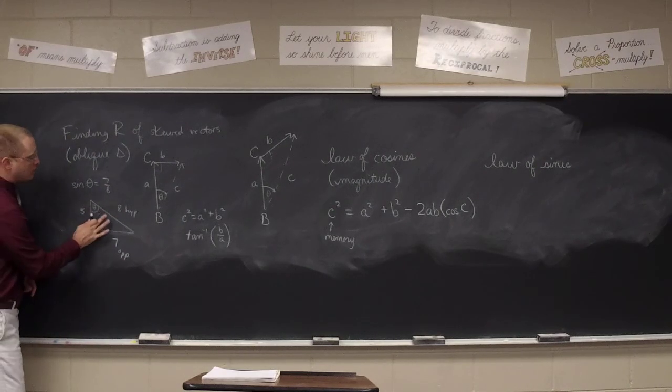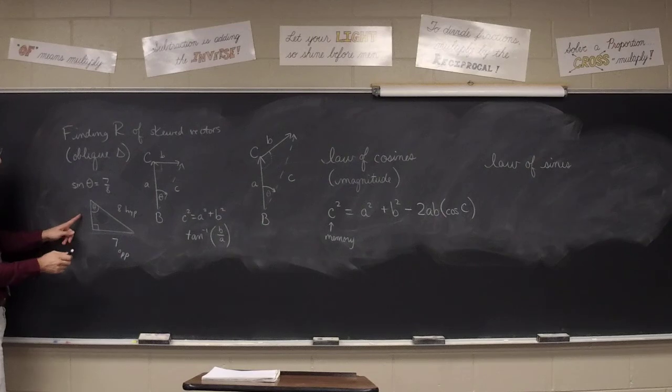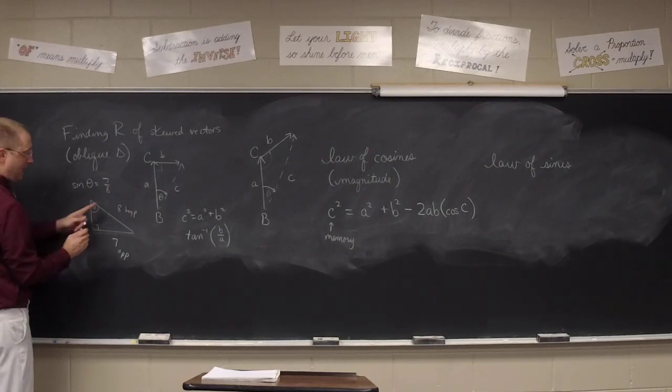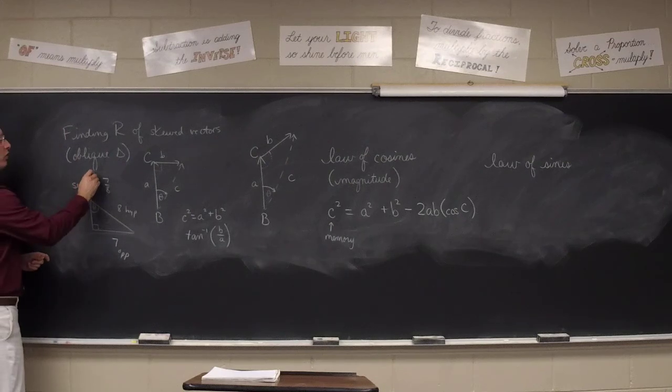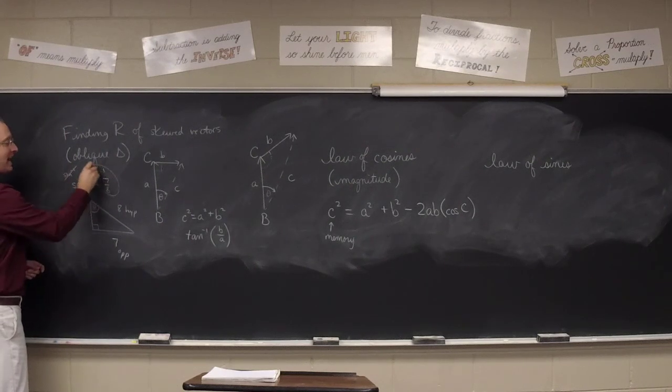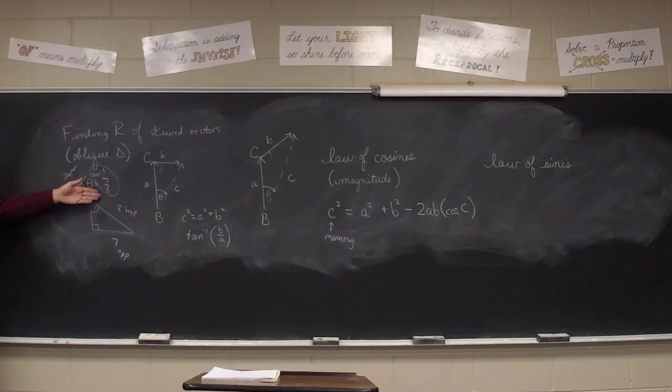But if I knew the opposite was 7, I knew the hypotenuse was 8, and I wanted to find the angle, I could take the arcsine of both sides. So now 7 divided by 8, just like we did for arctangent, and take the arcsine, or the second function sine on the calculator.